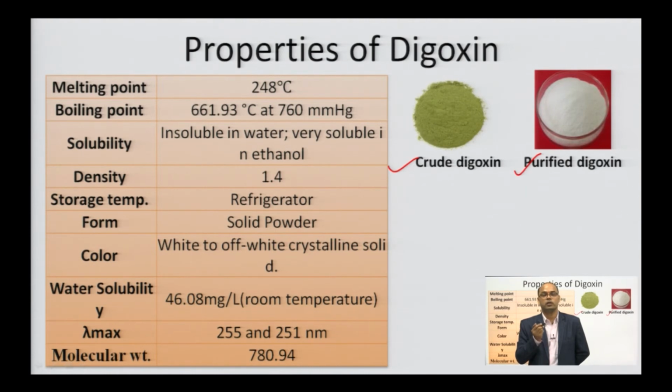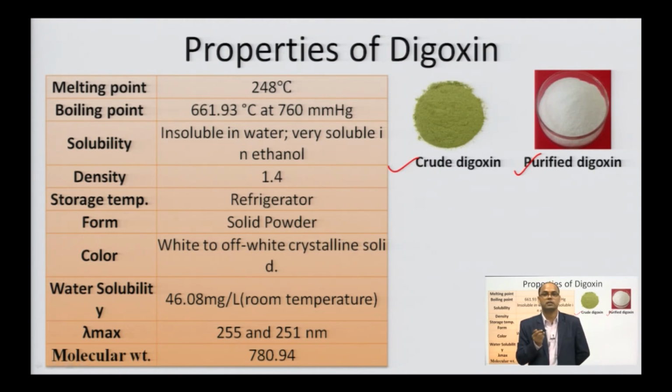If we look at the water solubility of digoxin at room temperature, it is around 46.08 mg per liter. It means that in 1 liter of water only 46.08 mg of digoxin is soluble. Digoxin has two lambda maxes, 255 and 251 nanometer.